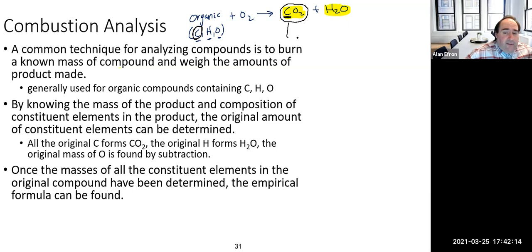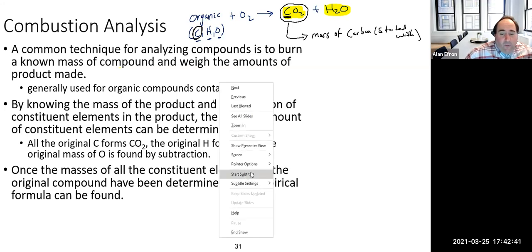This will allow us to use the mass of the CO2 that's collected, along with some calculations like we did earlier in this chapter, to eventually get to how much mass of carbon we even started with, really. Again, all the carbon that we end with had to come from our organic substance.